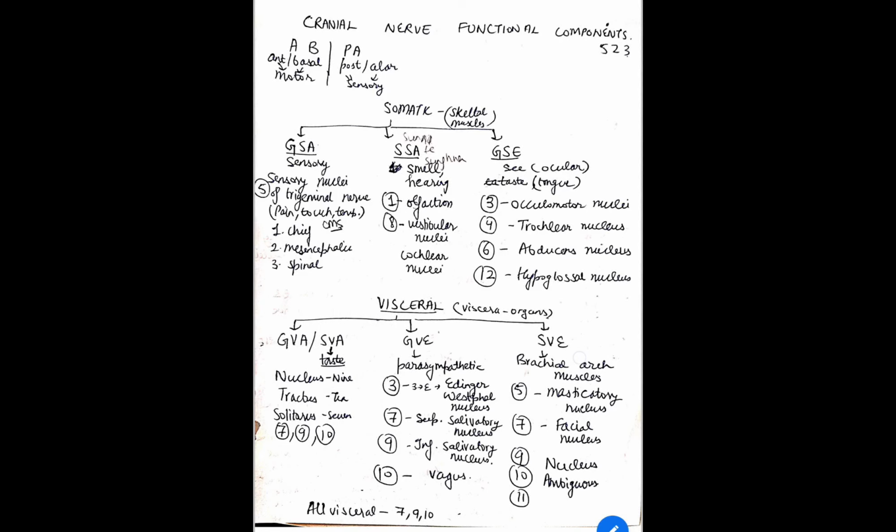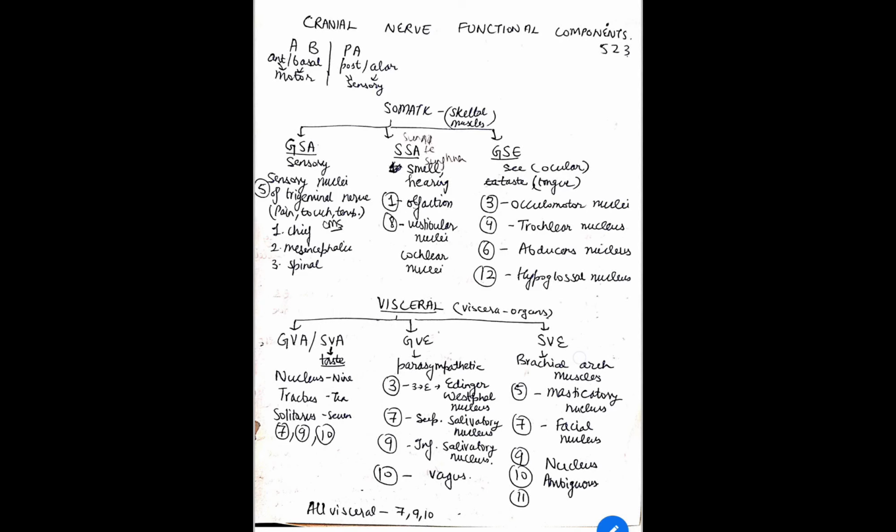Then we have special visceral efferent. Special visceral efferent is only in the visceral part. There was nothing special efferent in the somatic part. In the visceral, what is special visceral efferent related to? Branchial arch muscles, and branchial arch muscles we know are 5, 7, 9, 10. 5 is the masticatory nucleus, the mandibular nerve.